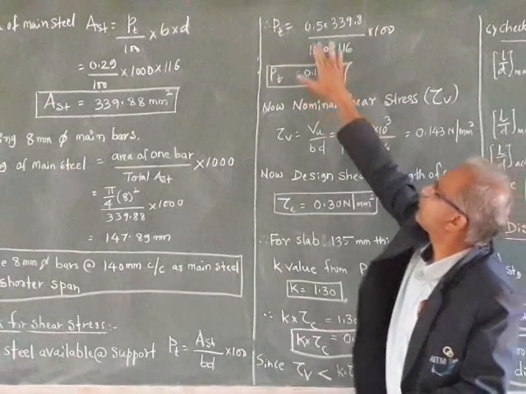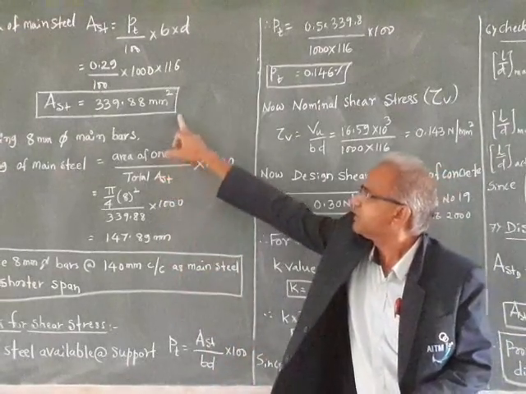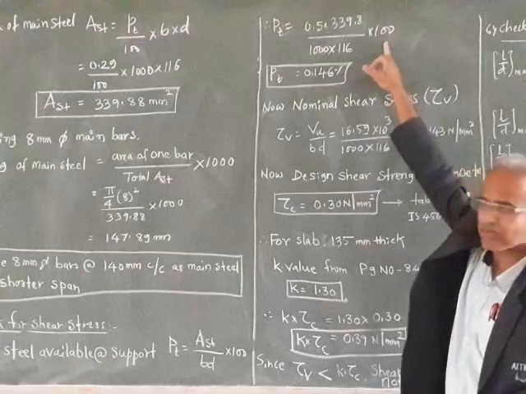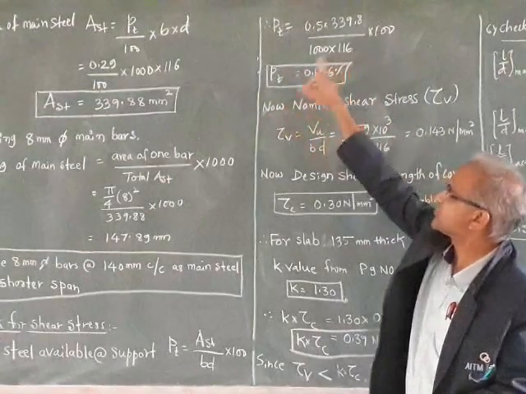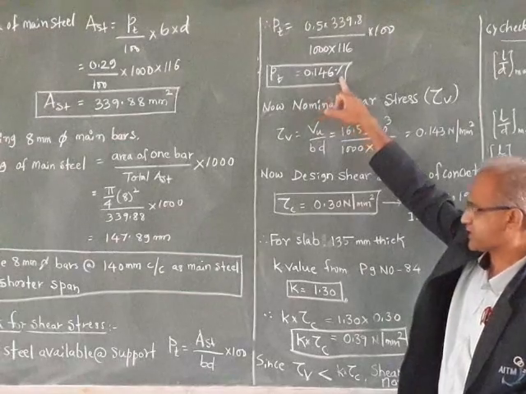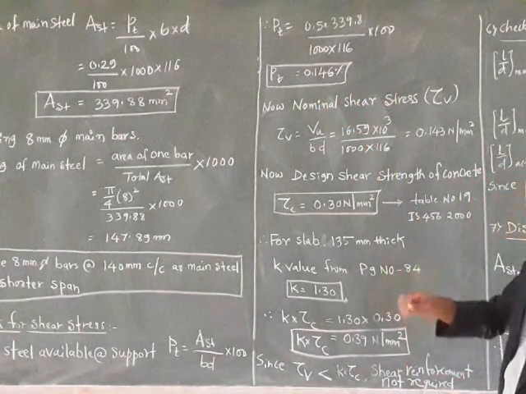So right now 0.5 into Ast divided by b into d into 100. So this percentage of steel available at the support is 0.146. 0.146 percentage of steel is available.